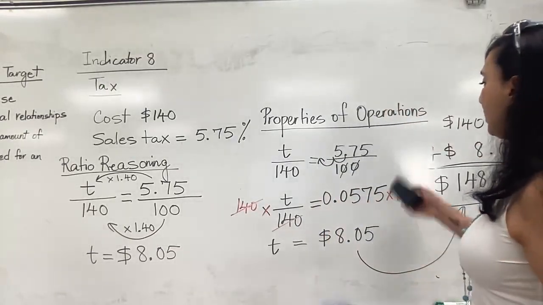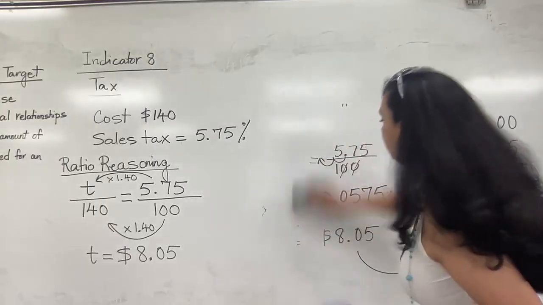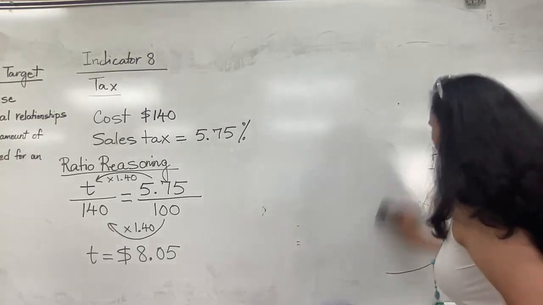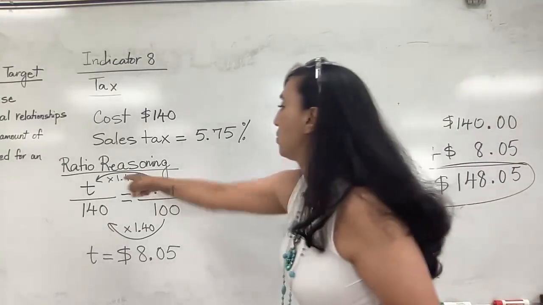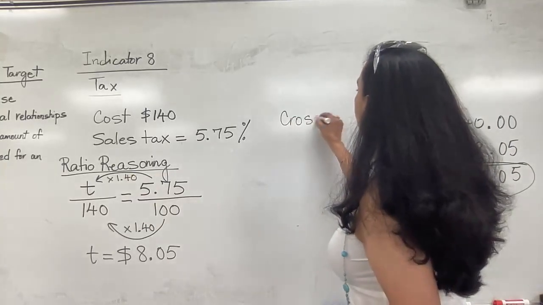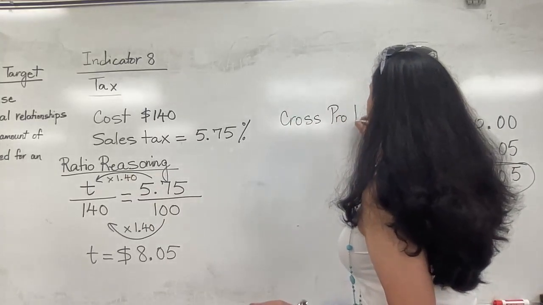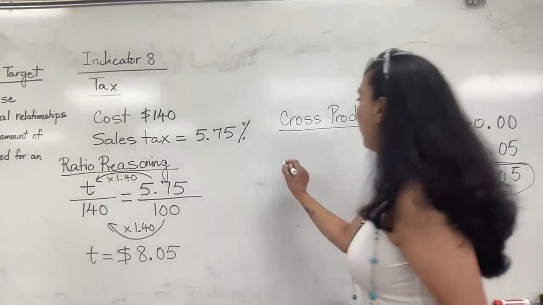So let's say I remove this, okay? And I'm going to write out the same, either you do it this way, your ratio reasoning, but if I had done cross products using an equivalent ratio, I would still end up with exactly the same answer.